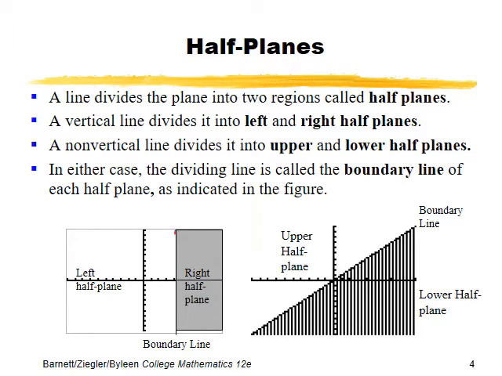For example, this vertical line is dividing this coordinate axis into the left half plane and right half plane, and this line is dividing the plane into upper half plane and lower half plane. Then we will see later on which part is the graph of the linear inequalities. This shaded area represents the graph of linear inequalities.